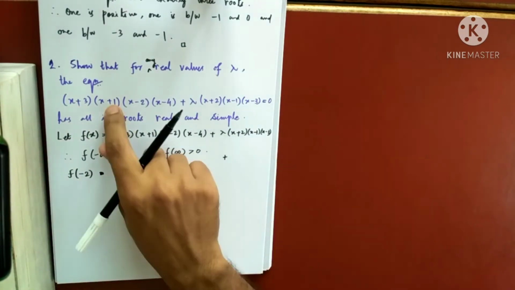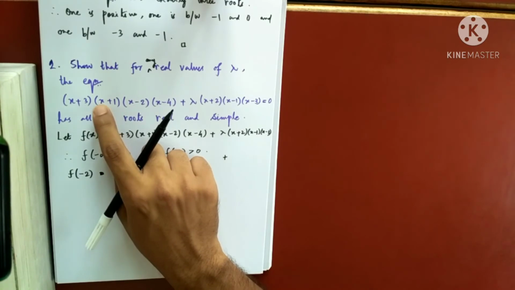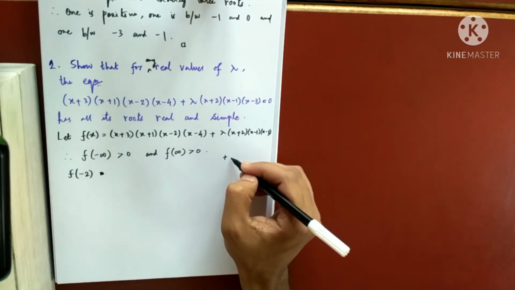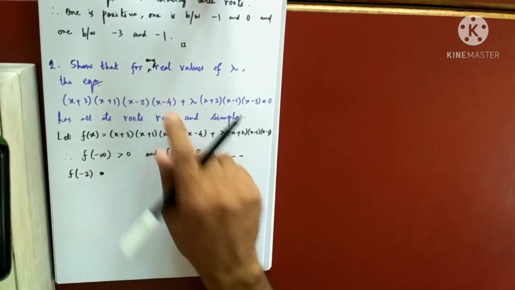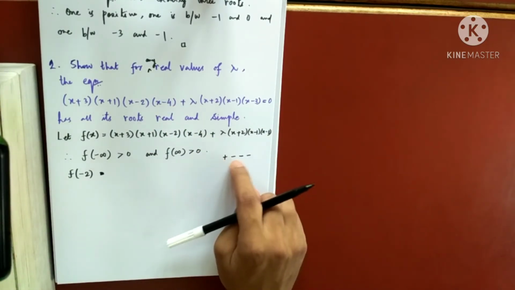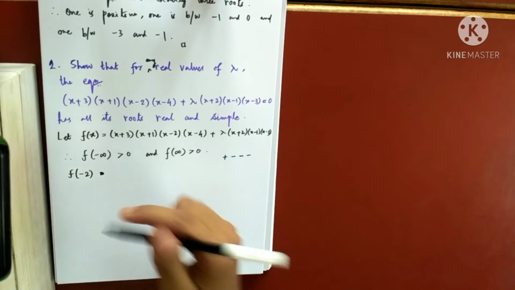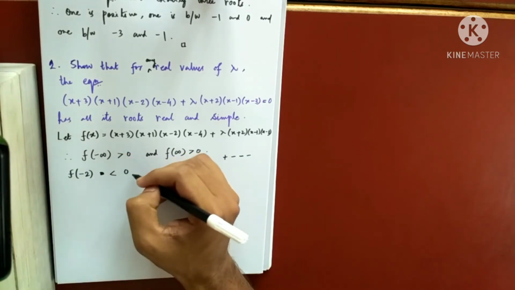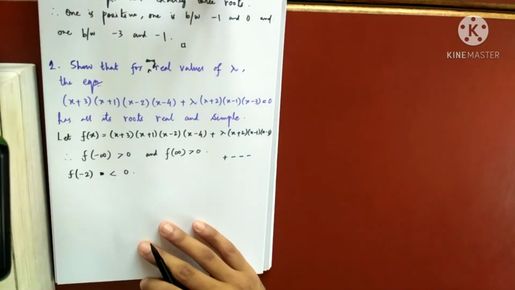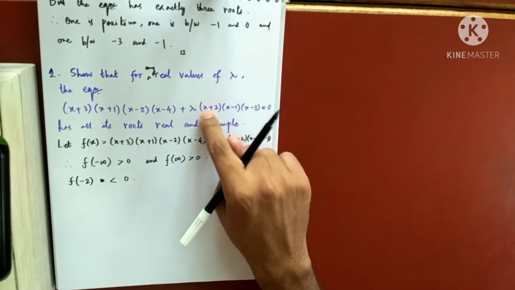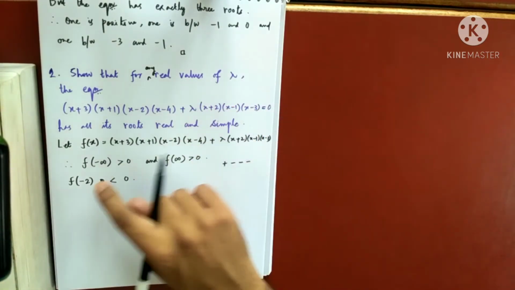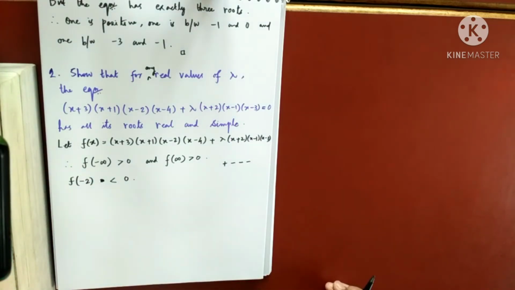Minus 2 plus 1 is a negative quantity. Minus 2 minus 2 is a negative quantity. Minus 2 minus 4 is a negative quantity. So what is plus, minus, minus, minus? It will be minus only. Did you understand? And this is independent. When I'm putting in minus 2, this will make the whole lambda term 0. So this f of minus 2 is independent of lambda.